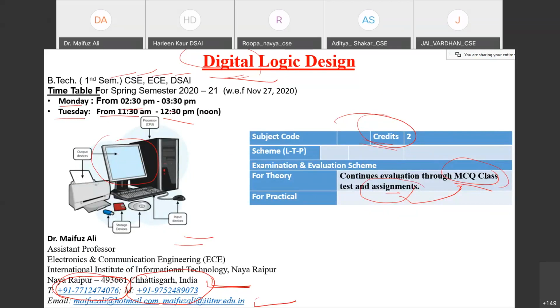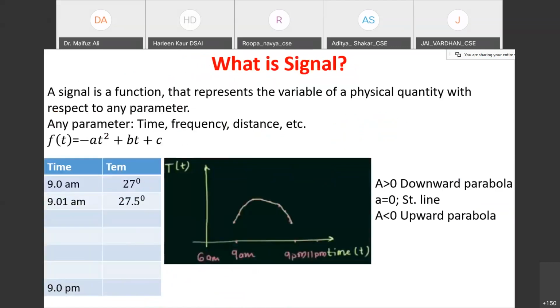Now all are digital recorders with CD player and DVD player. We store data in the digital device, then read the data, take the signal from this stored data, and convert it.